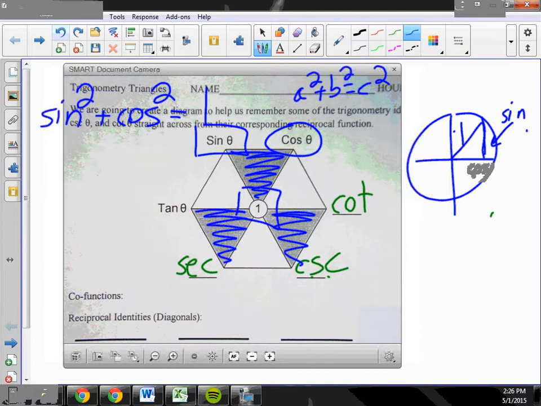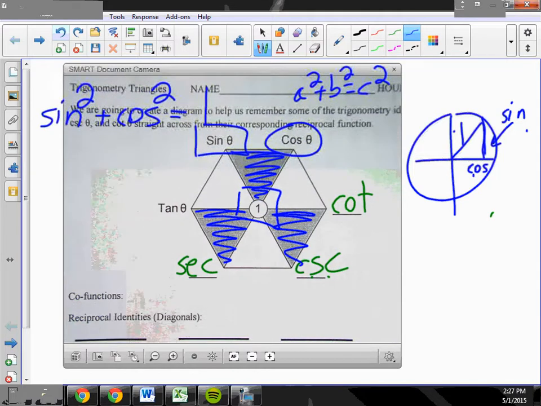So this is the Pythagorean theorem in the unit circle. And if you take the sine of any angle and square it, and the cosine of any angle and square it, those two lengths will add up to be 1 every time. Yes, it has to be the same angle. There are instances where one angle and another angle would work, but it has to be the same theta.